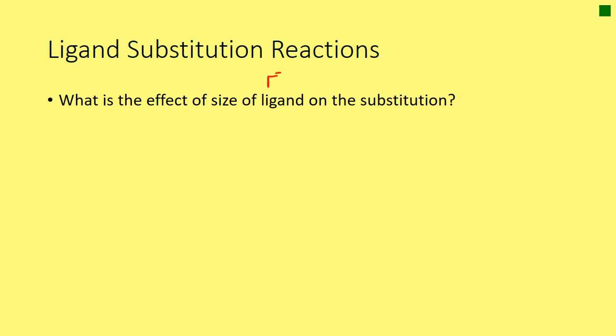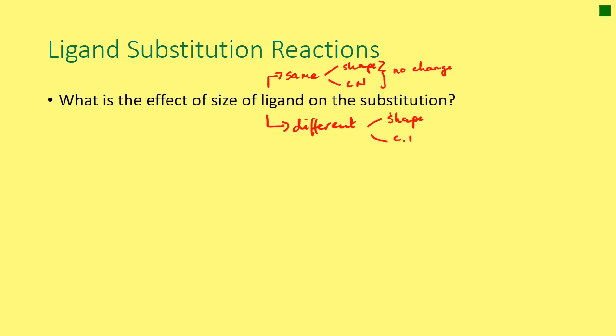If they're the same size, didn't we say there's no change in either shape or coordination number, only a color change, whereas if they are of different sizes, didn't we say that both the shape and the coordination number do change, and in both cases there are color changes.